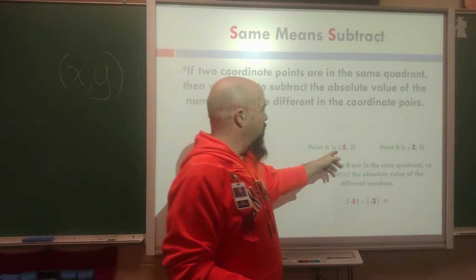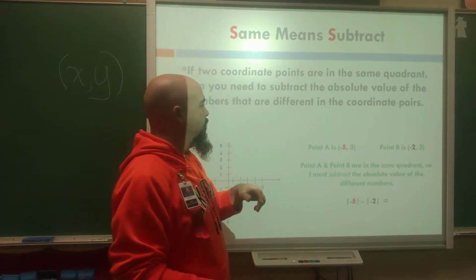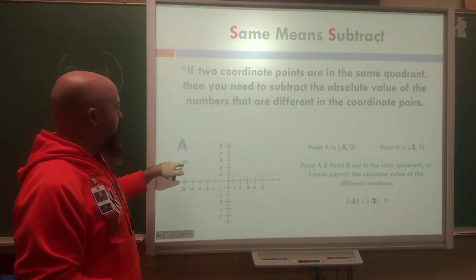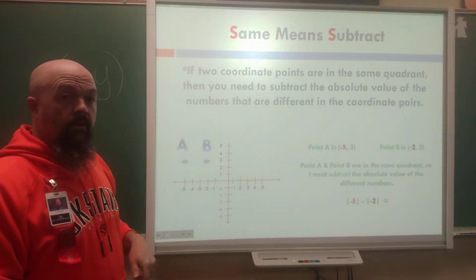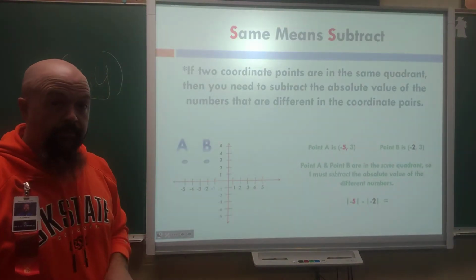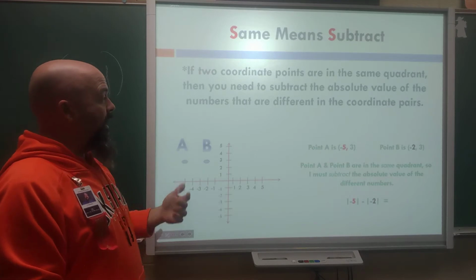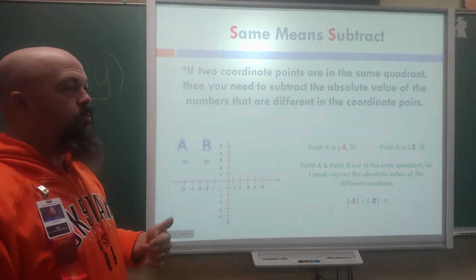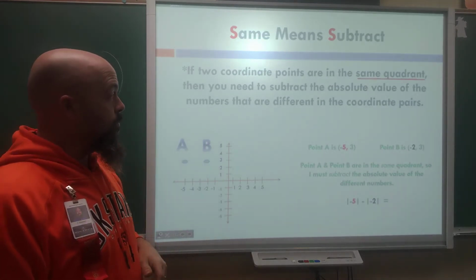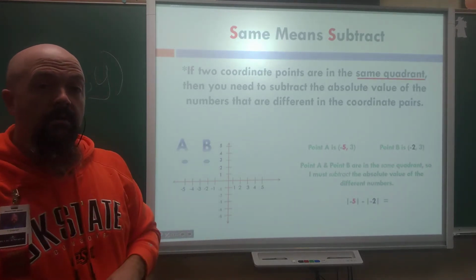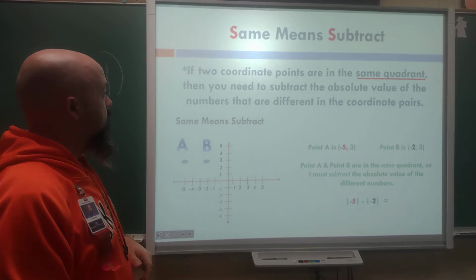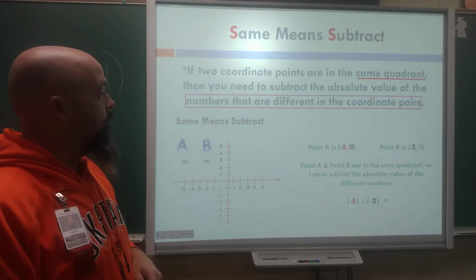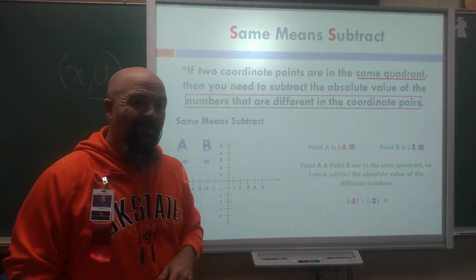Now, looking at our 2 points, based on the information we have here, A is at -5, +3. B is at -2, +3. That puts them both into quadrant 2. Good. So, as it tells us, we need to look at the different values in each pair. What we need to do is get rid of the identical value.